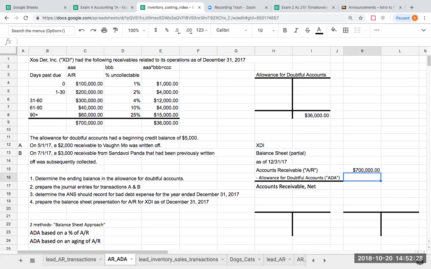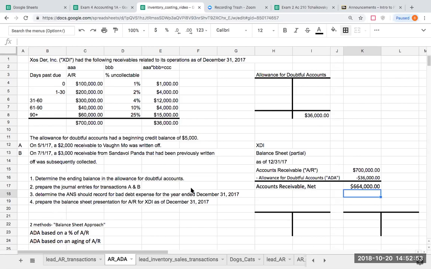The amount we're not expecting to collect is $36,000. So the accounts receivable net, or what I'm actually expecting to collect from the customers, is going to be $664,000.